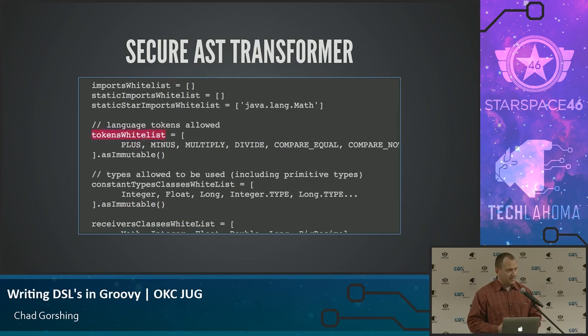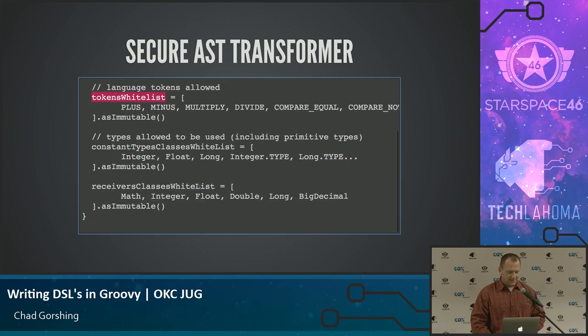The tokens whitelist is good because, as you can imagine, you can statically type-check whether there's a plus there or not. When it gets down into more of the receiver classes, that's where things start to fall apart a little bit. I initially thought this was great because I could whitelist what I wanted called, what would receive a function call, but you can get around this left and right. It doesn't do very much good. It basically doesn't work, right?